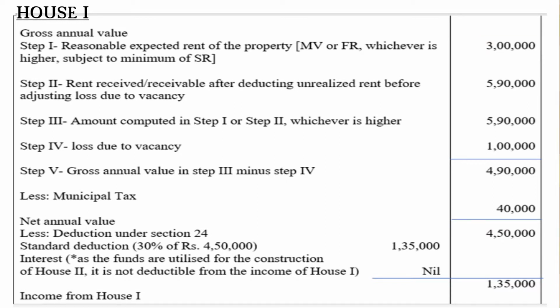In step 2, we will see the rent received and receivable after deducting unrealized rent but before adjusting the loss of vacancy. In case of house 1, the rent is 6 lakhs rupees and the unrealized rent is 10,000. So when we deduct 10,000 from 6 lakhs, we get 5,90,000. While deducting unrealized rent, we presume that all conditions that are necessary for getting these deductions are satisfied.